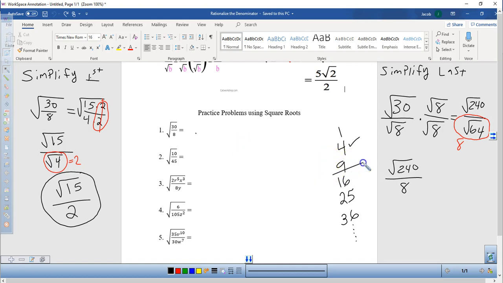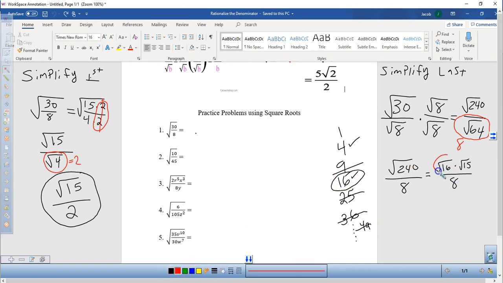That doesn't work. 240 divided by 16 would give me 15. 25 doesn't work. 36 doesn't work. We could go to 49, but that will not work either. So I think our best bet is going with 16. So the square root of 240 is the square root of 16 multiplied by the square root of 15, over 8.